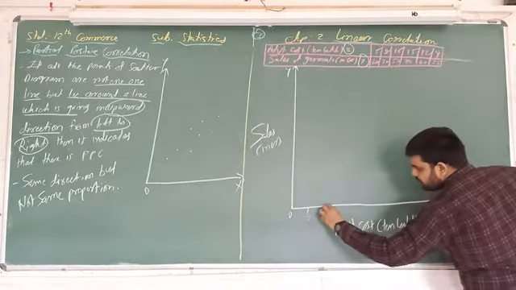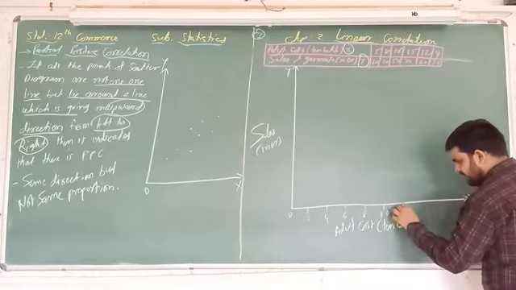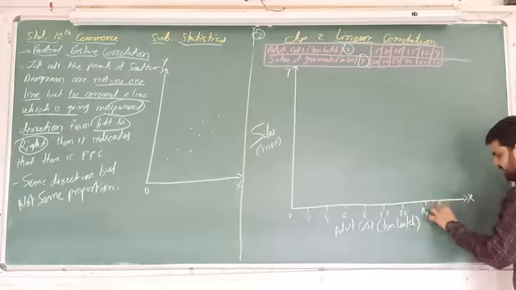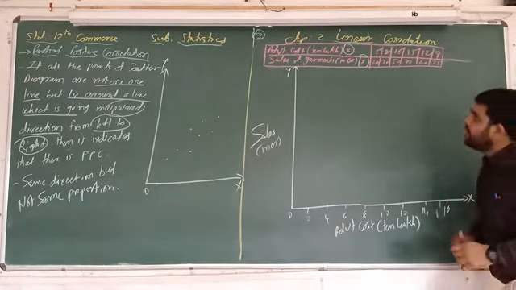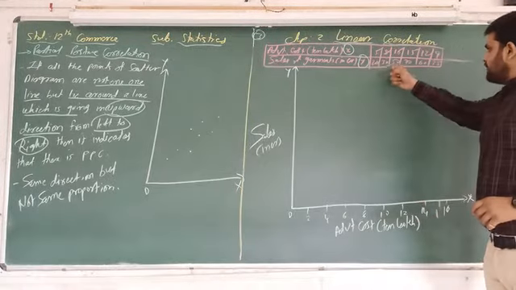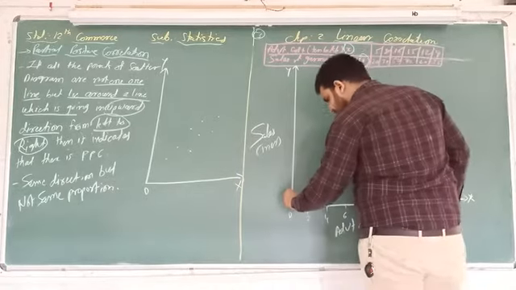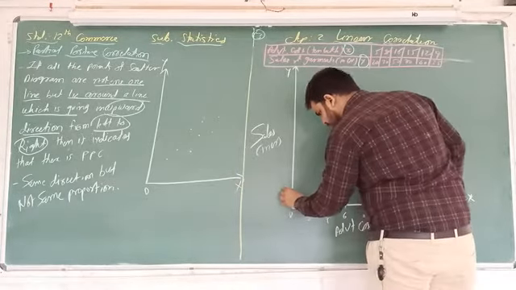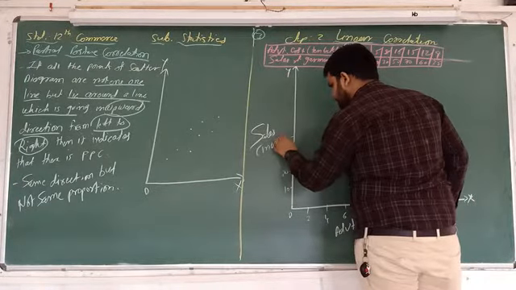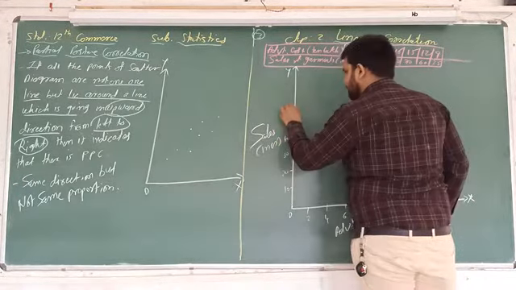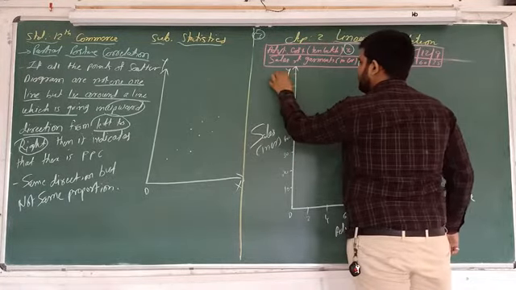So 2, 4, 6, 8, 10, 12, 14 and 16. For sales, the values are 20, 30, 50, 70, 60, 35, so here we take 1 centimeter equal to 10: 10, 20, 30, 40, 50, 60, 70, 80.